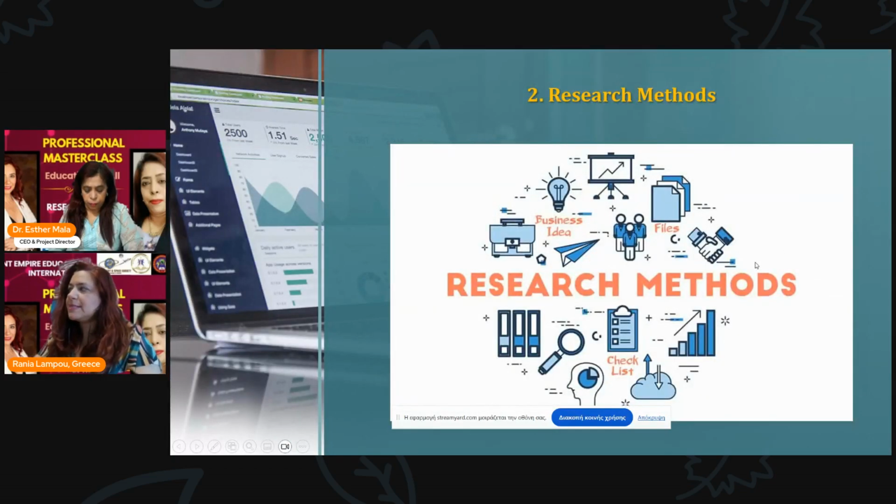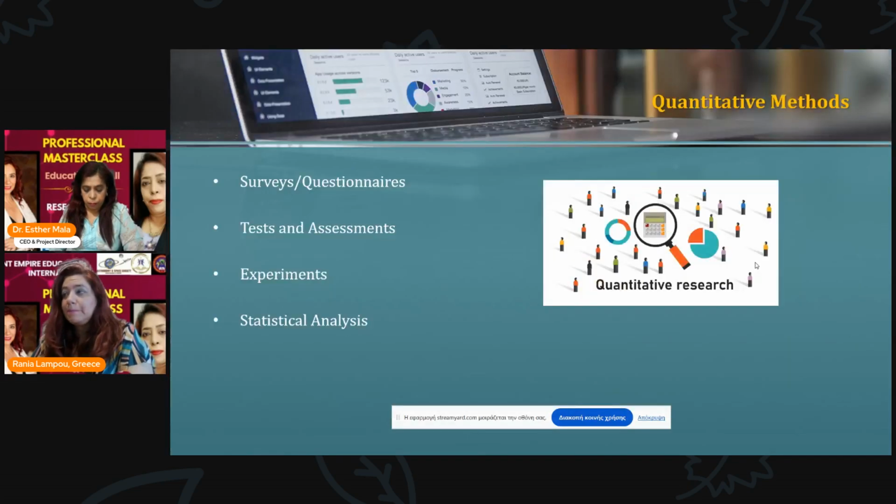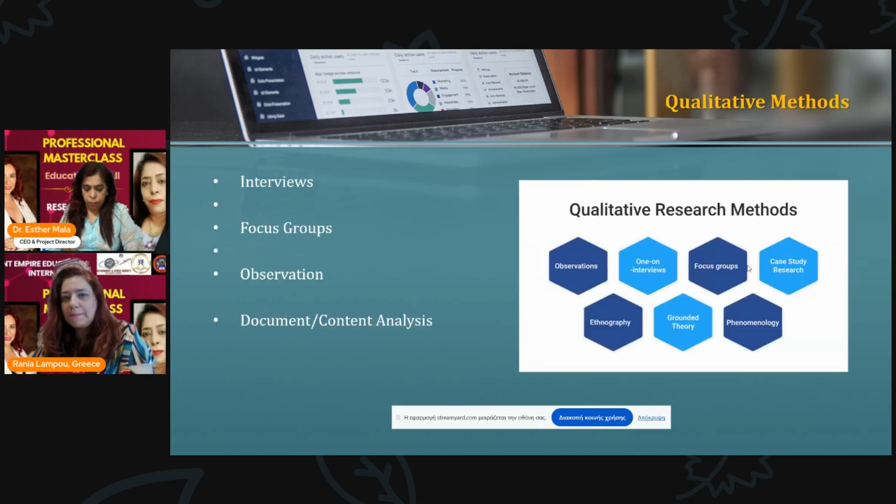So, about the research methods. Research methods are the tools and techniques used to gather and analyze data. The first concerns quantitative methods, like questionnaire surveys used to collect data from large groups, tests and assessments which measure skills, knowledge or performance, experiments, controlled studies with variables manipulated and measured, and statistical analysis, which includes descriptive statistics, mean or median, and inferential statistics like regression or ANOVA.